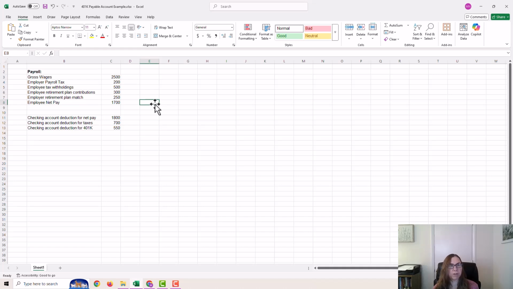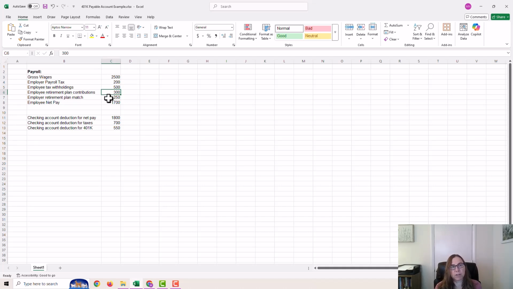Okay, so the employer would have payroll taxes that they would have to pay, which is an expense of the business. The employee is going to have tax withholdings, their income taxes that they have to pay, and their FICA tax. And then I have a scenario where the employee is contributing to a retirement plan, and those deductions from their paycheck is $300.